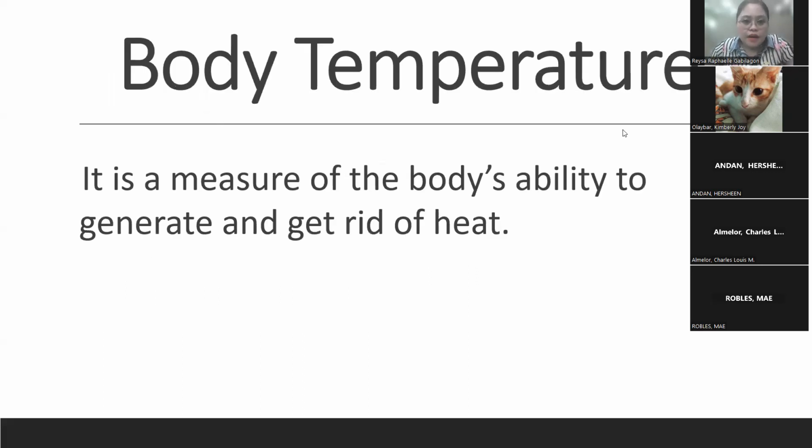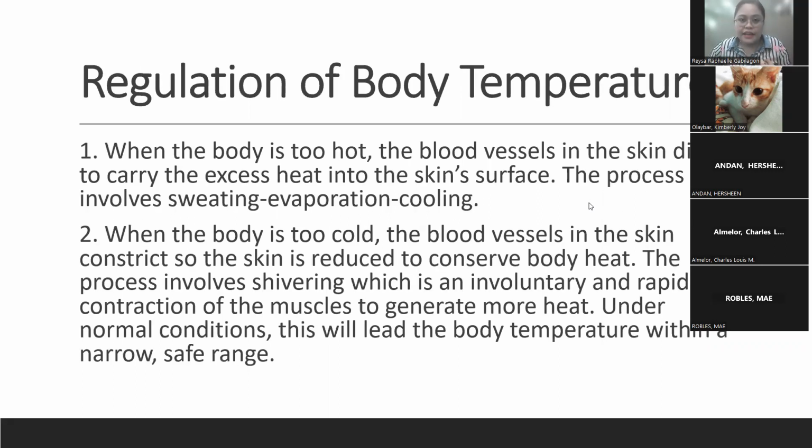So starting from the body temperature, when you say body temperature, this will give us, or this will measure our body's ability to generate and at the same time get rid of heat or energy inside. Okay, so our body class has its own ability to regulate the body temperature.